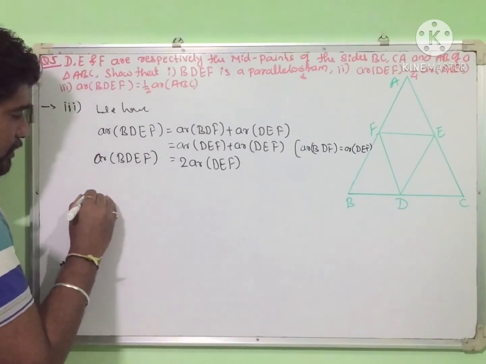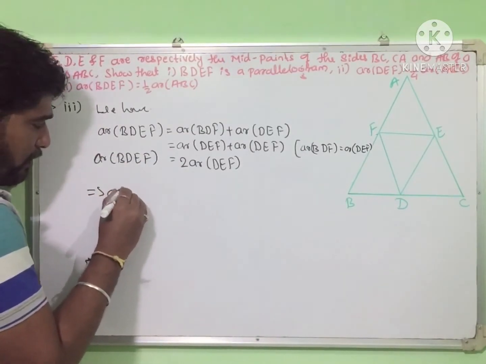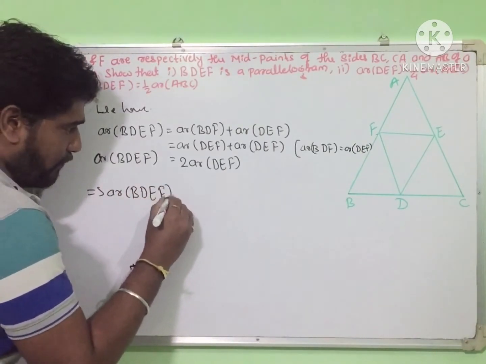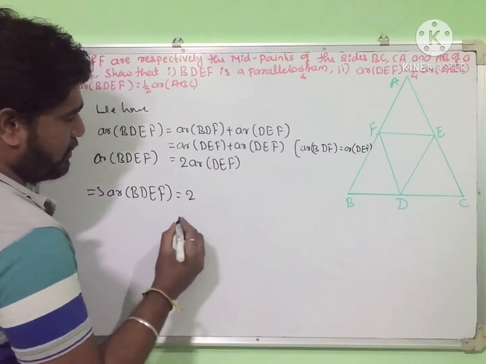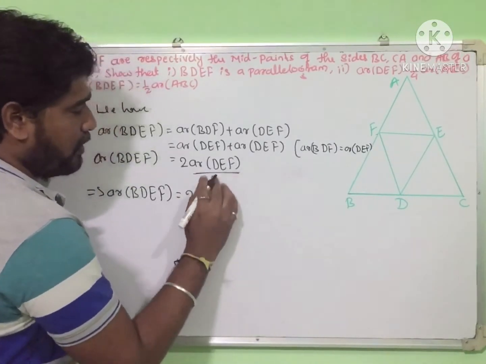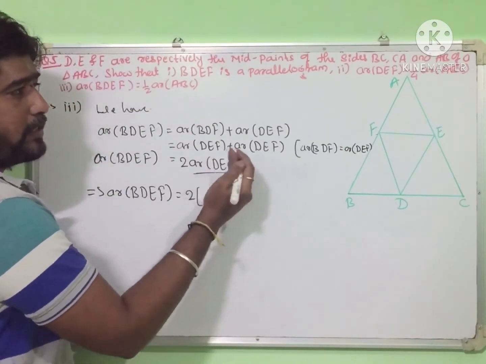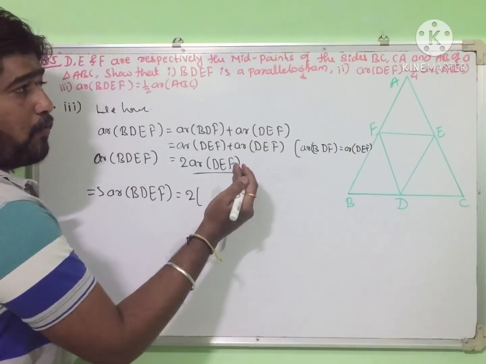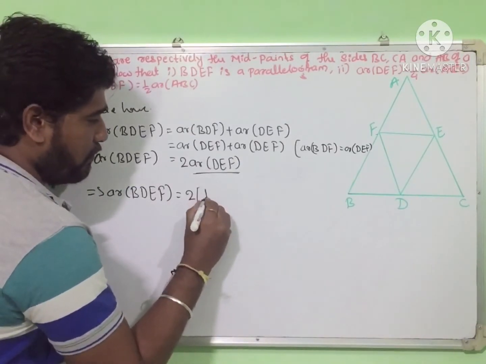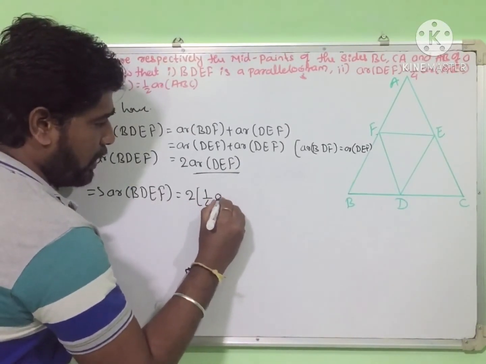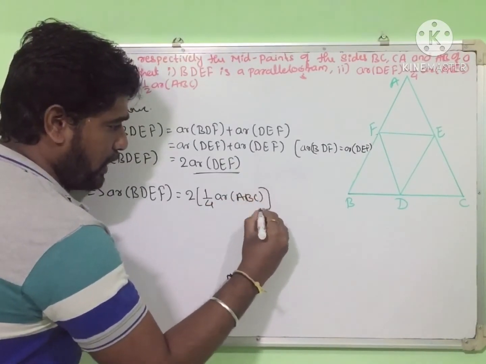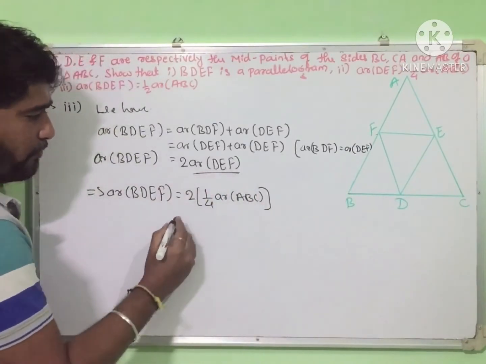So now this implies the area of BDEF is equal to two times the area of DEF, and already in the second one we proved that area of DEF is 1 by 4 area of ABC, right? So we can write here 2 times 1 by 4 area of ABC, which we proved in the second one.